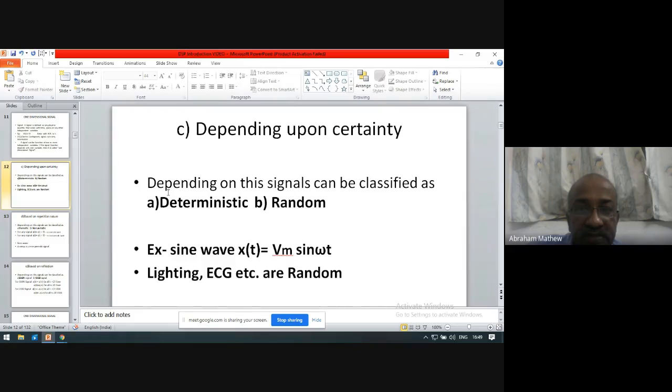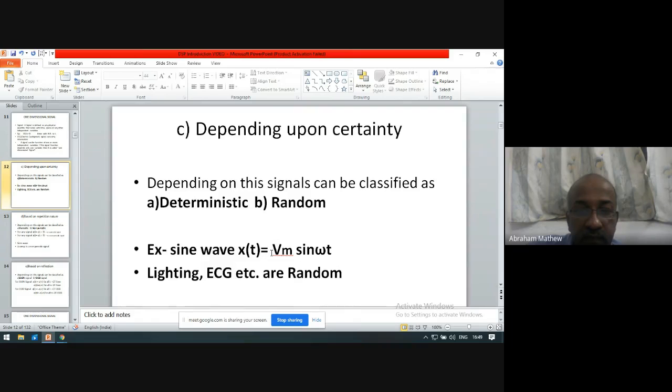Now again, depending on certainty, we can classify signal as deterministic signal or random signal. A deterministic signal we can express using mathematical formula. For example, x of t is equal to Vm sin omega t.